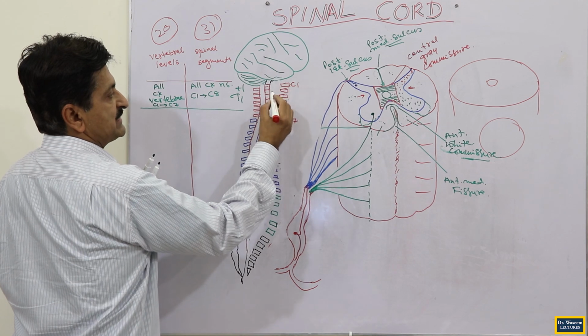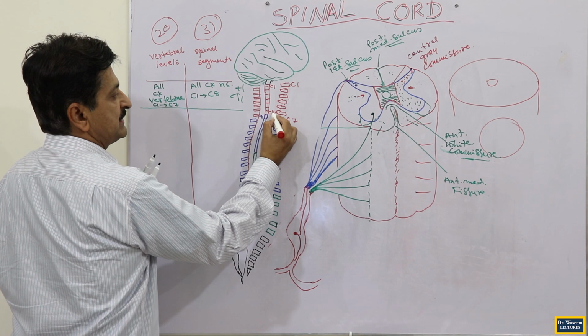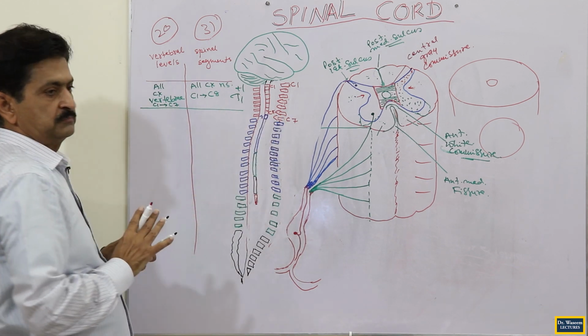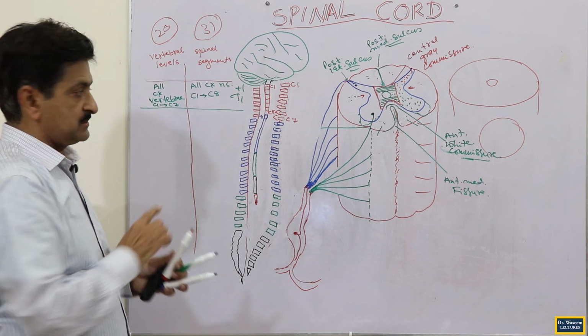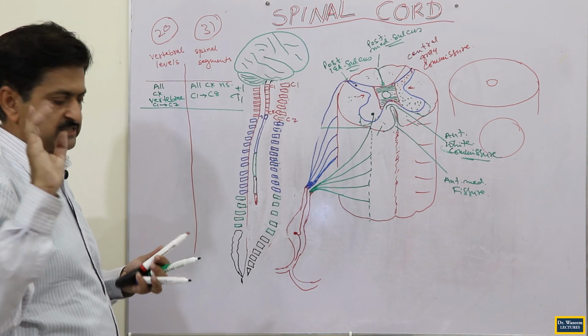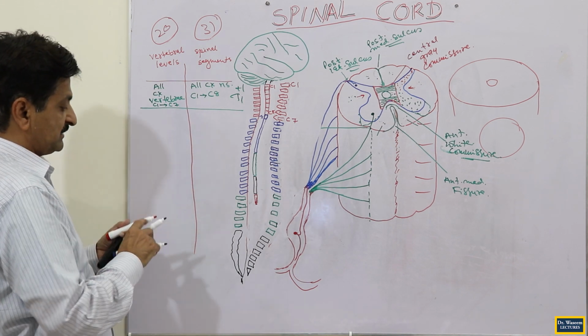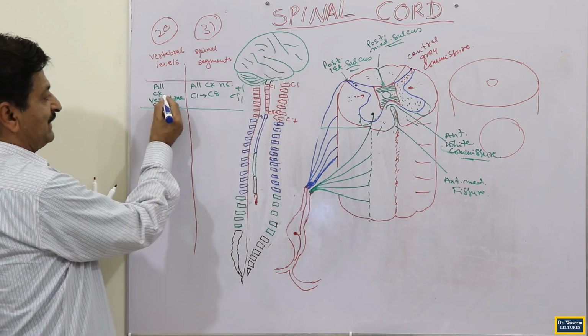So we have C1 to C8, and then T1. All these segments are lying within the vertebral canal of the 7 cervical vertebrae. After that, the nerves are emerging, so you see all the cervical nerves here.